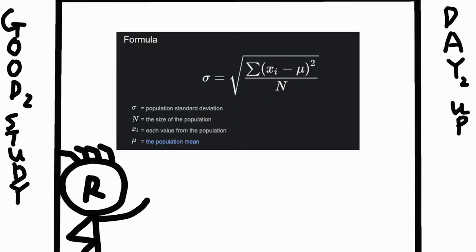So this is the formula for standard deviation. It calculates the distance between the actual data point and the average. This is why you see xi minus mu. Xi is actually our actual data point, and mu is the population mean.